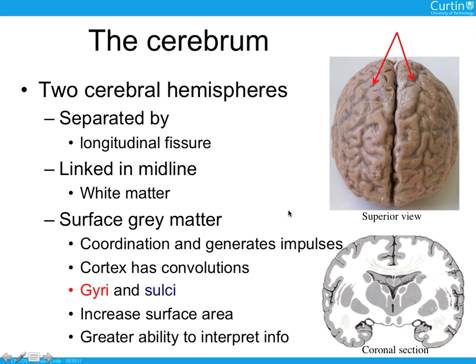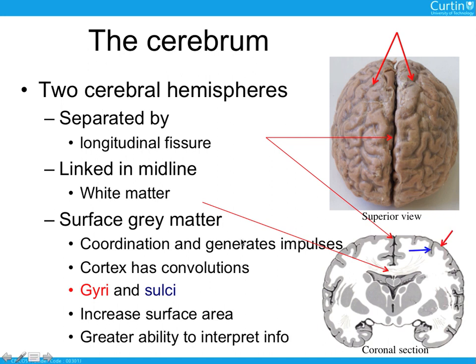And that is going to be involved in coordination of different neurons, and it generates its own impulses to control the body. This is the great longitudinal fissure, this is the white matter there, and this is the cerebral cortex, okay?